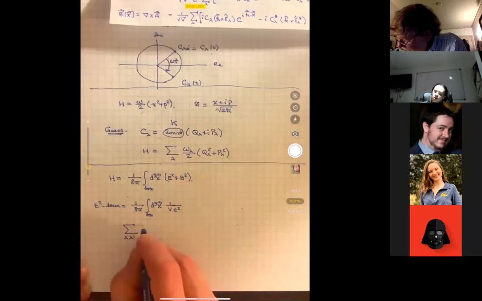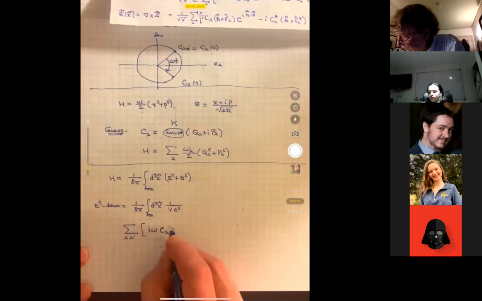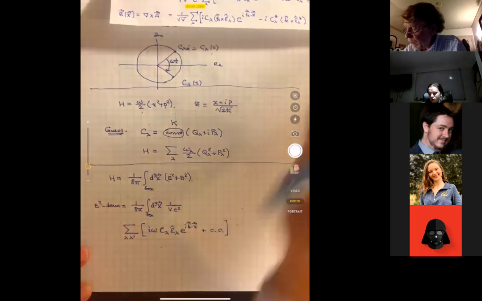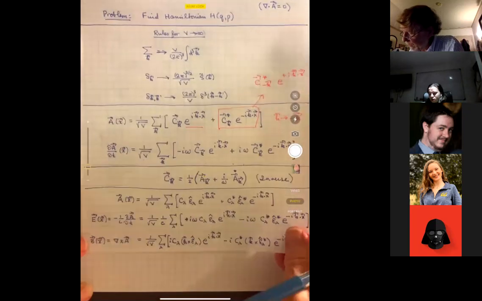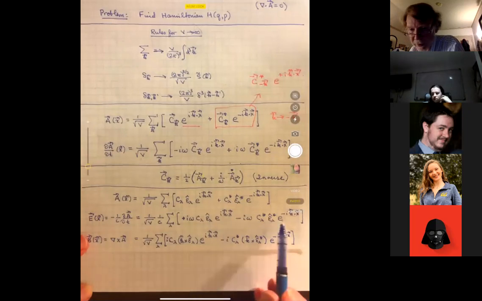And the first one looks like this: it's i omega times C sub lambda times epsilon hat lambda times e to the i k dot x, plus the complex conjugate. If you don't believe me, here's the summary of it. Here you see these i omega C lambda epsilon e to the i k dot x, and there's the complex conjugate right there.